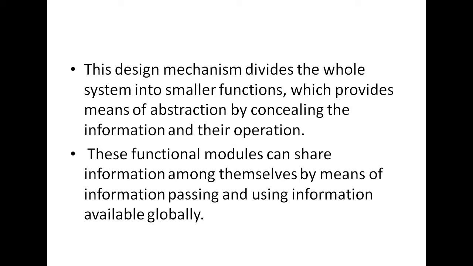These functional modules can share information among themselves by means of information passing and using information available globally. Okay, due to this, the functional modules can share different information among themselves, that is known as message passing among different modules. And due to this information passing or message passing, this information can be available globally and can be shared by all the functions in a single system.